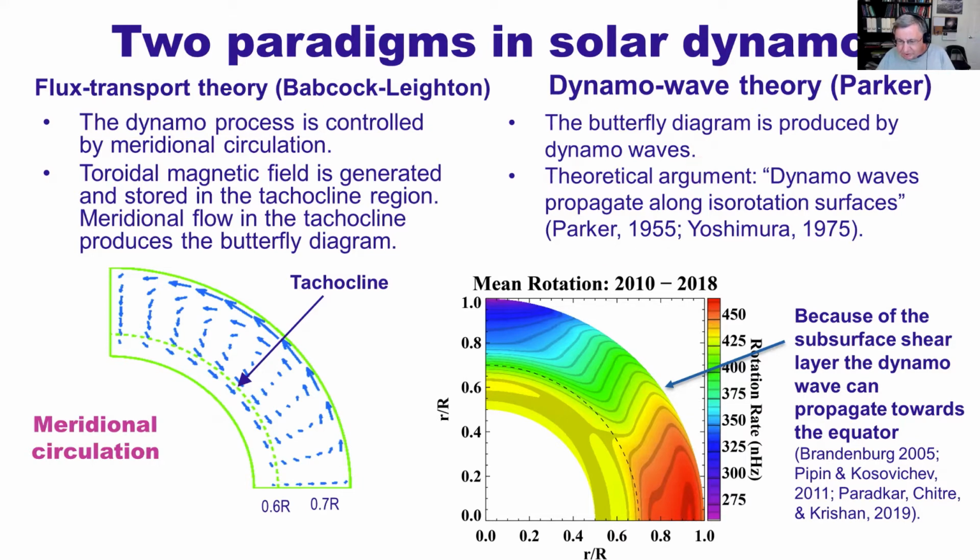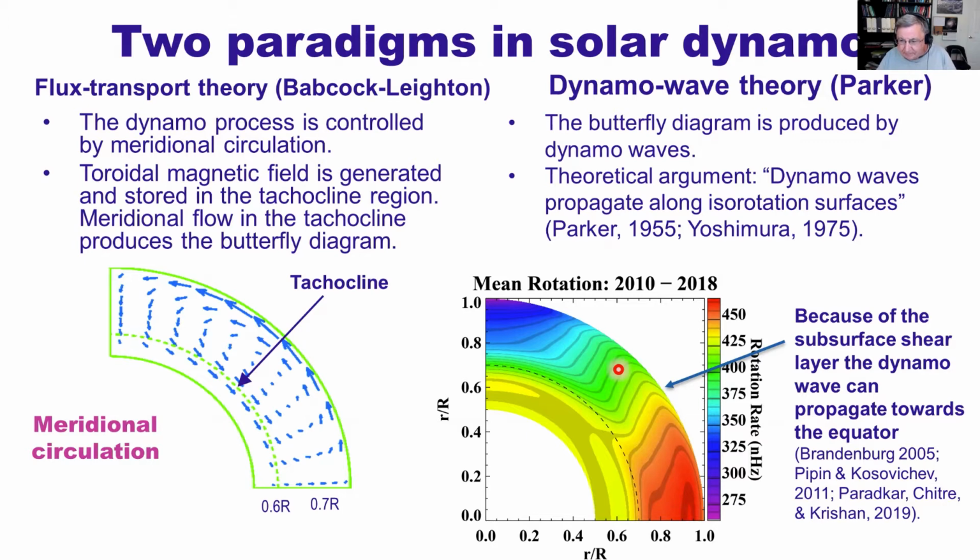But when helioseismology first measured the differential rotation, the lines of constant rotation were all directed to higher latitudes. So sunspots should appear at higher latitudes, and you cannot explain the migration with the rotation rate along these conical lines.